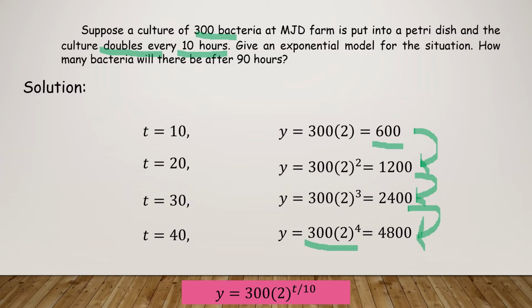Since every 10 hours, ilang 10 hours meron sa 20, sa 30, at sa 40. So, dinidivide lang natin sila sa 10. And that is y is equal to 300 times 2 raised to t, o yung given time natin, divided by 10. So, meron na tayong exponential model.